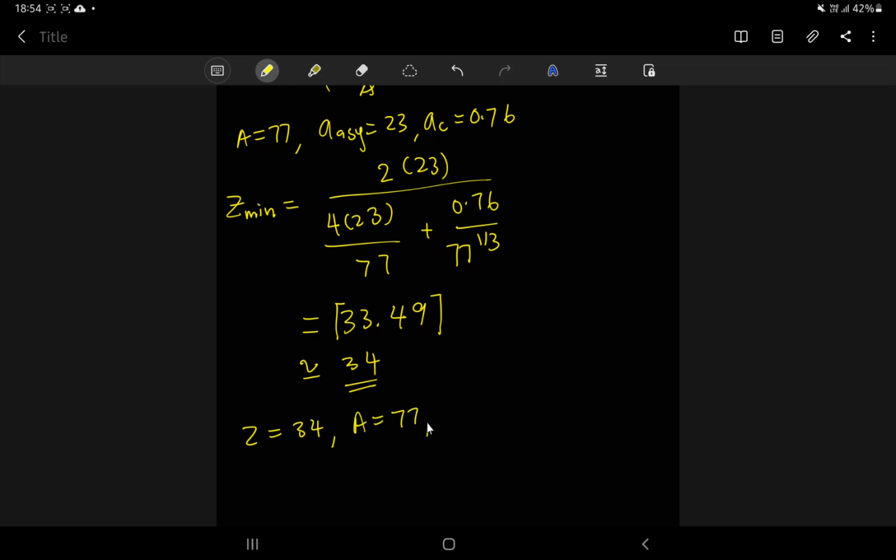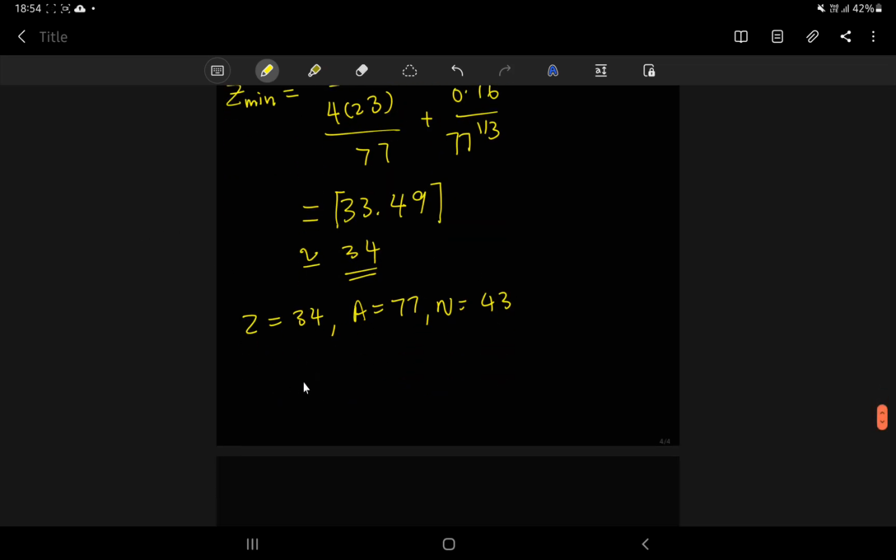So the stable isobar has Z equals 34, A equals 77, which means the neutron number is A minus Z, which is 77 minus 34, 43. If we have an atom, we can label it with A is 77, Z is 34, and N neutron is 43.